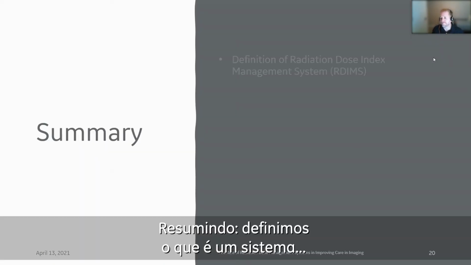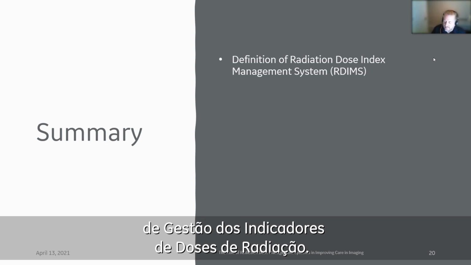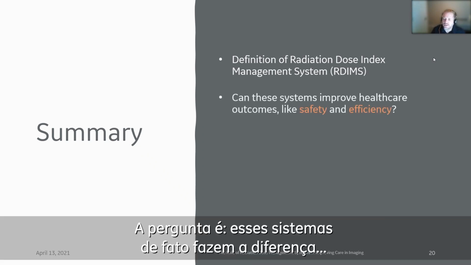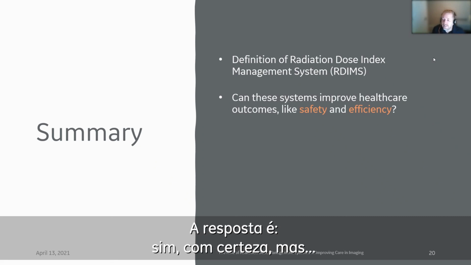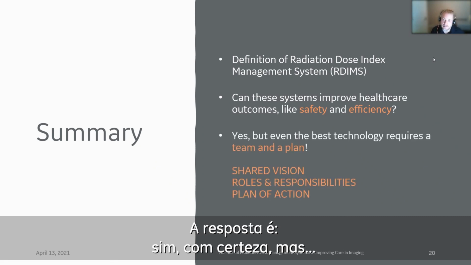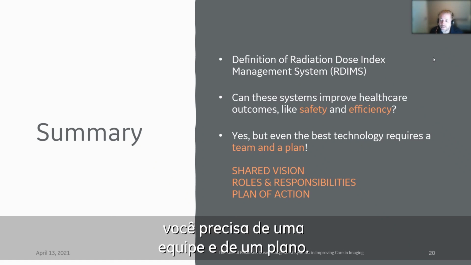So in summary, we've talked about what a radiation dose index management system is. Right? The question is, can these systems actually make a difference in healthcare outcomes, like safety, like efficiency, like effectiveness? And the answer is yes, definitely. But even with the best technology, you still need a team and a plan.